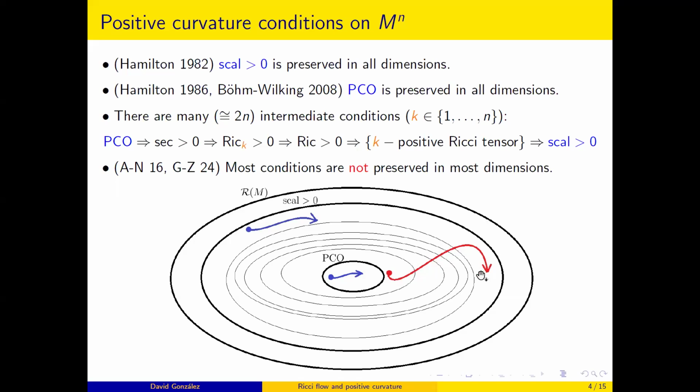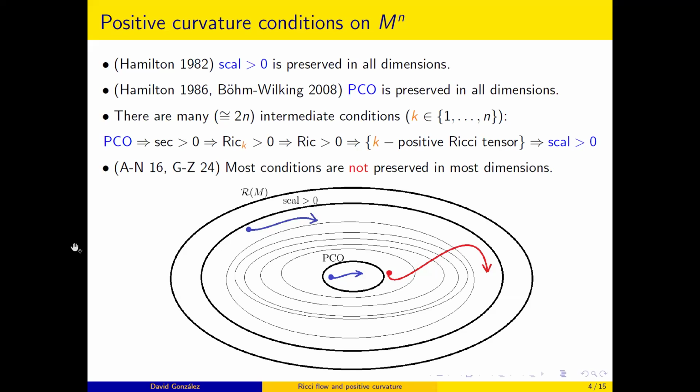I know this is a vague statement, but I want to move to something else. Here these letters stand for Abiev and Nikonorov, and this is Masoumeh Zarei and myself. So the expectation is that most of these conditions in the middle are not preserved under the flow, but one needs to construct examples.